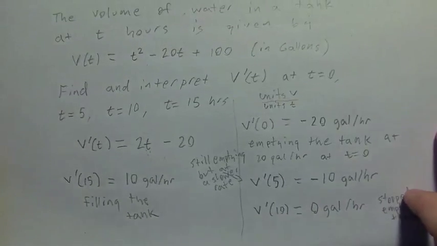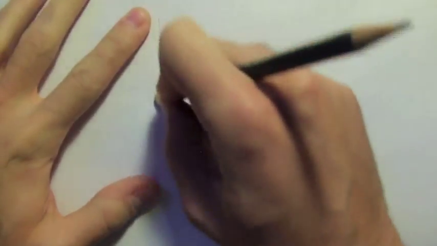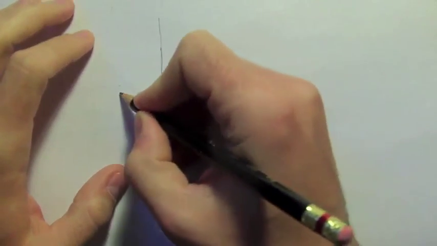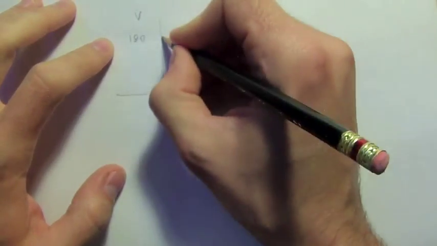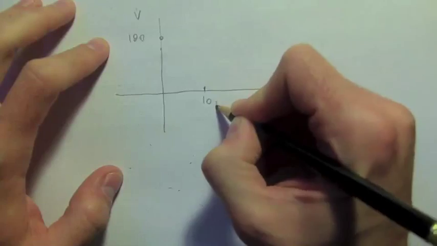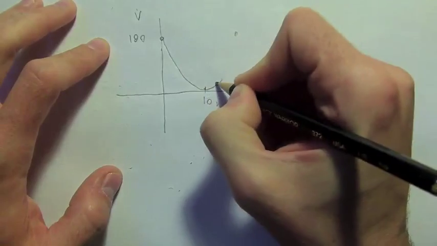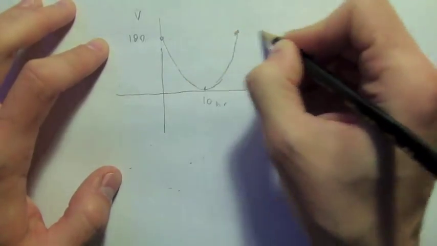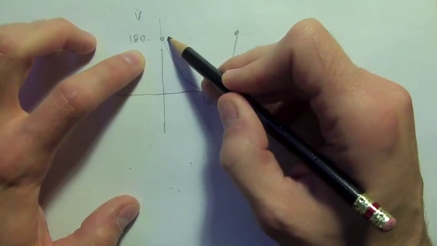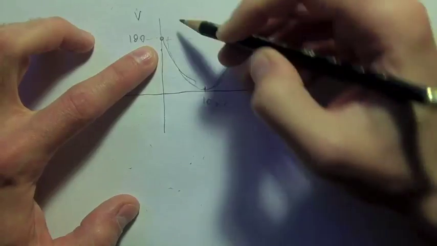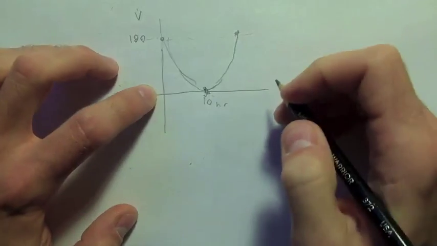And in fact, if you look at what the graph of this original function looks like, if this is 100, so this is our volume V, here's, let's say, the 10-hour mark, and this graph looks like this. Essentially initially we have 100 gallons but the volume starts decreasing, so the tank is emptying, and at the 10-hour mark, that's when the tank is actually empty.